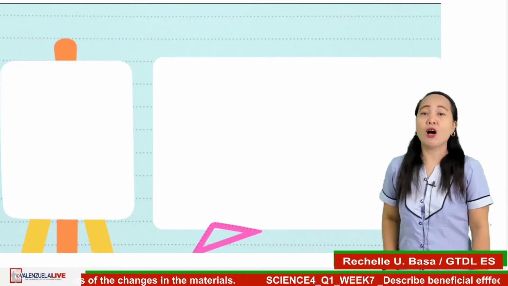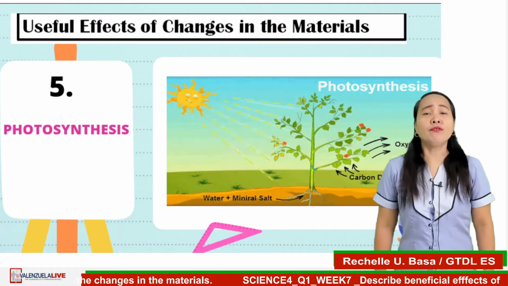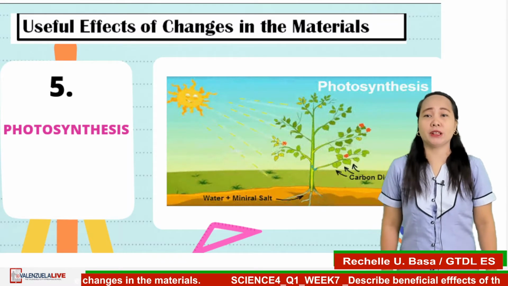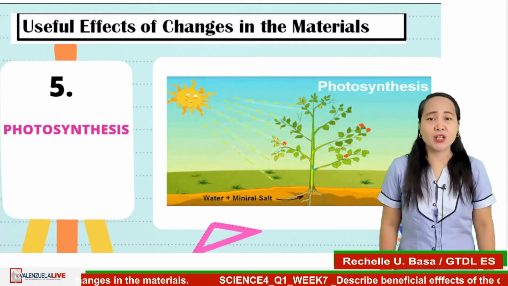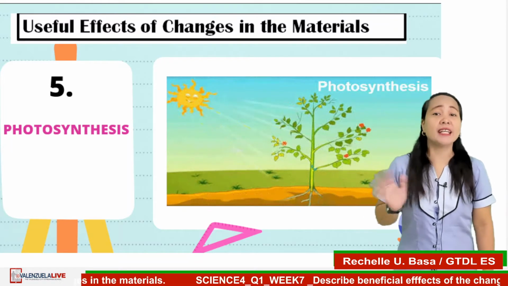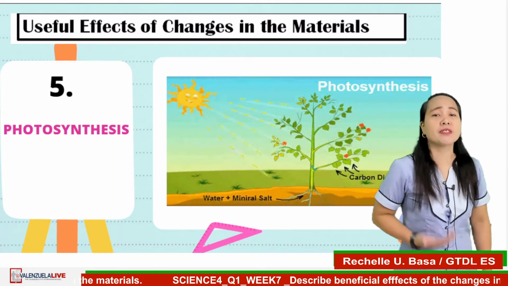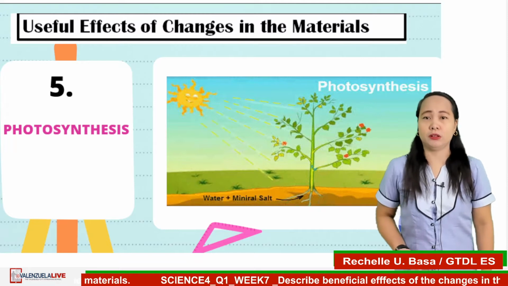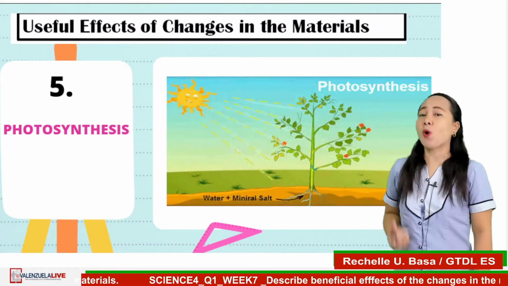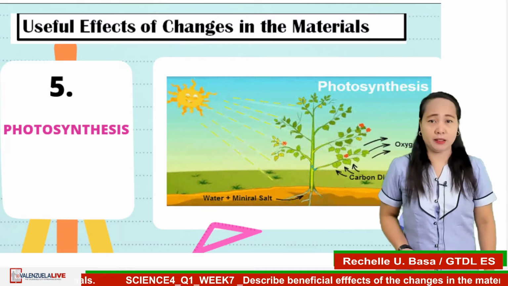Number 5, photosynthesis. Photosynthesis is important to living organisms because it is the number 1 source of oxygen in the atmosphere. Without photosynthesis, the carbon cycle could not occur. Oxygen-requiring life would not survive and plants would die.